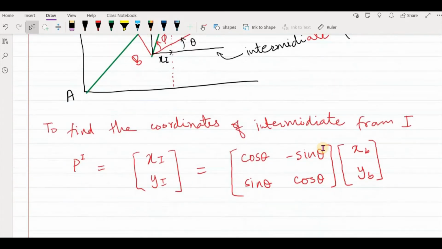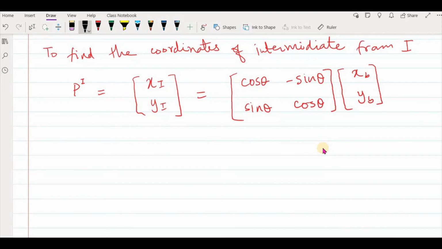So we are interested in these XY coordinates. As we did previously, we just multiply by the rotation matrix and we will get the coordinates.